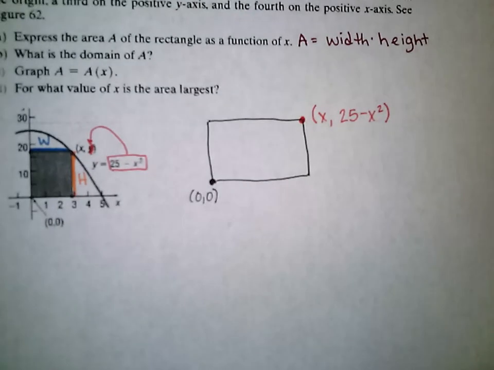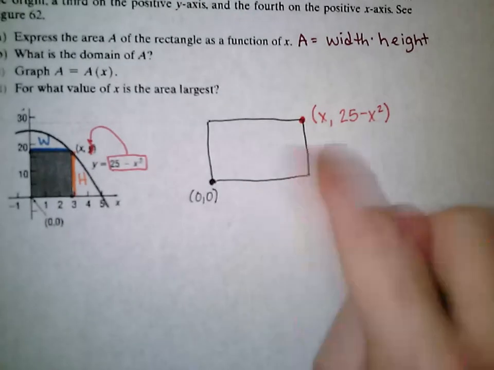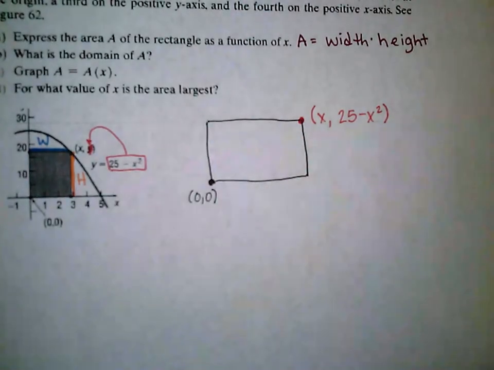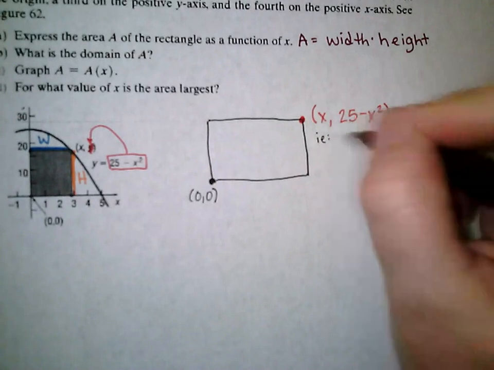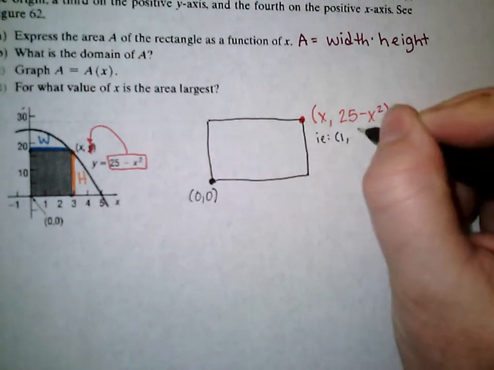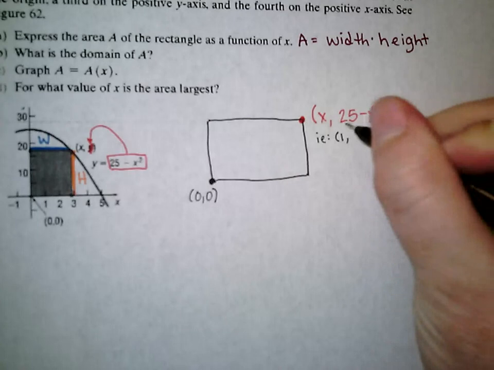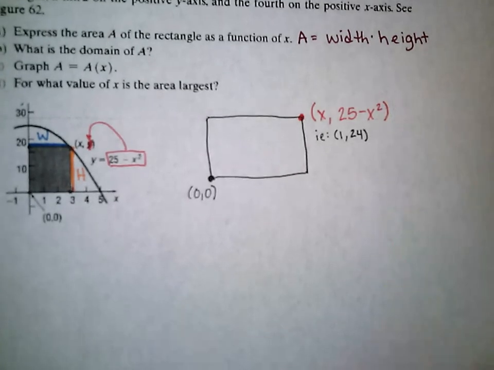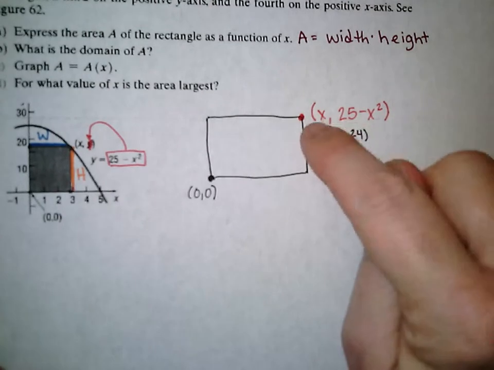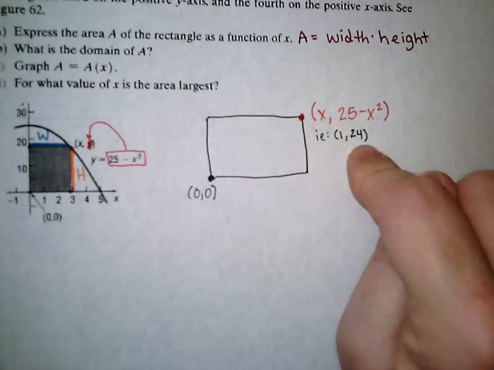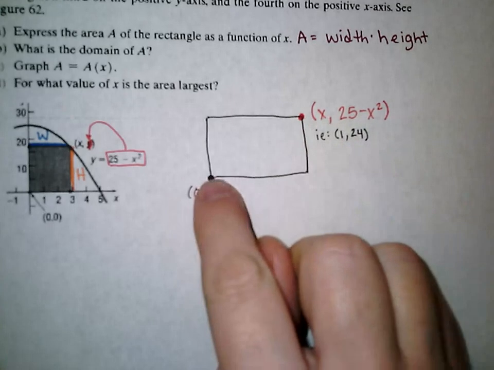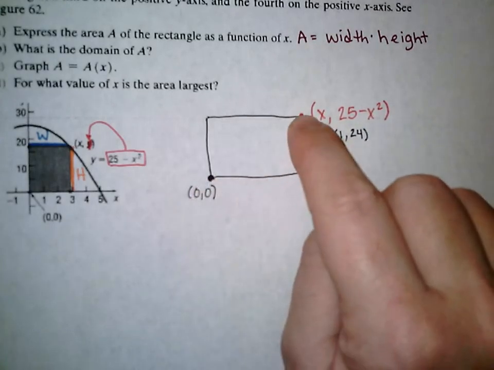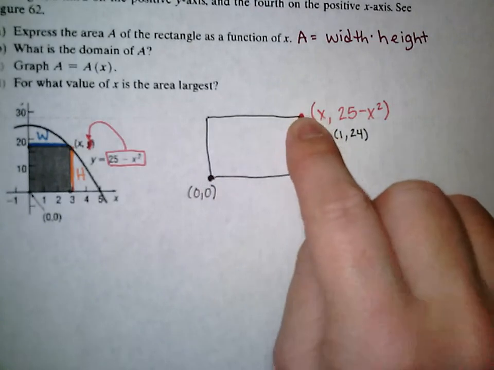So like if x is 1, then the y coordinate would be 24. So I'll just do, for example, 1 for the x coordinate. Did I say 4? 25 minus 1, so 24. I don't know what I'm saying. So if this ordered pair up here is at 1, 24, then to get there, I would go over 1 unit, up 24 units to get to that ordered pair from the origin.